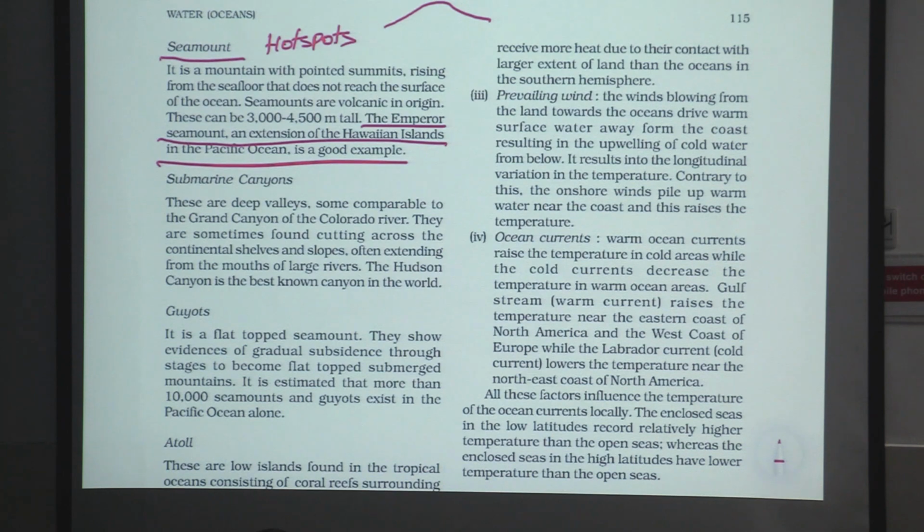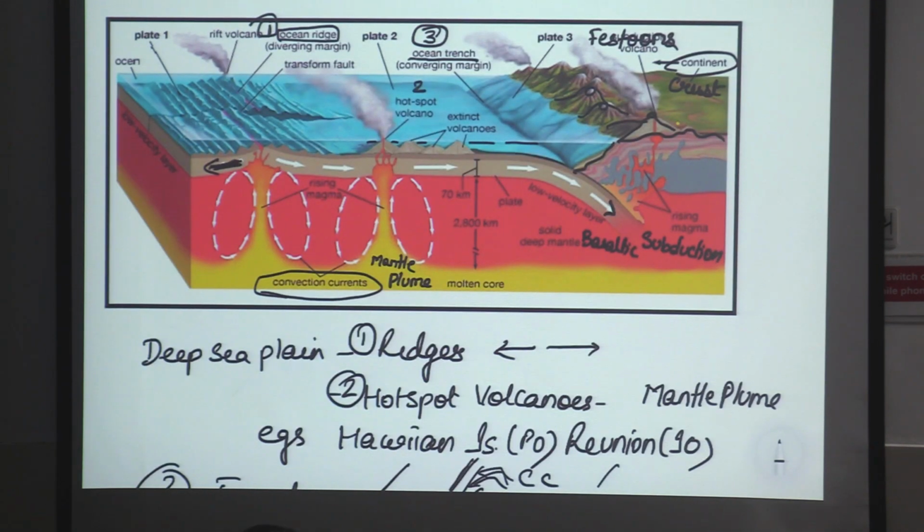So if I quickly ask you to get to the image that we have seen, can you notice this? Right here. This will be my active volcano, and what are these? These will be my seamounts. Are we noticing it is below mean sea level? So this will be the example of seamount, which NCERT reads. Reason, they are no longer on the water surface, but this is an active island.